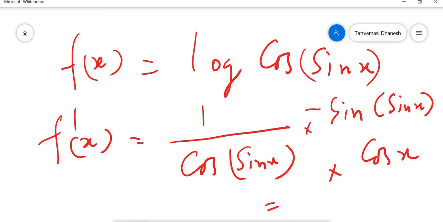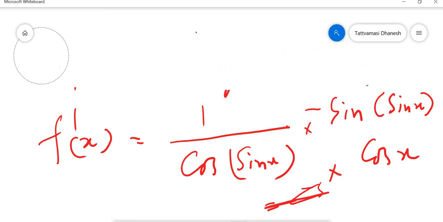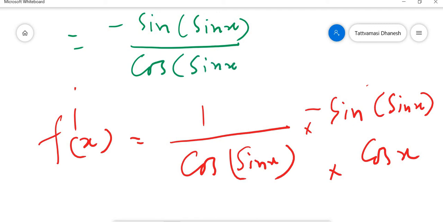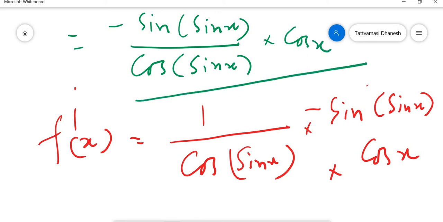So you can write the answer as minus sin x divided by cos of sin x into cos x. So this is the answer.